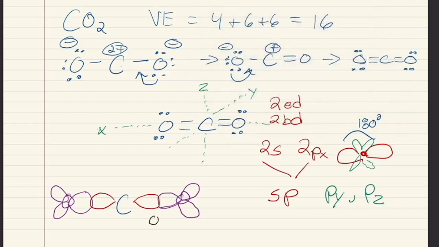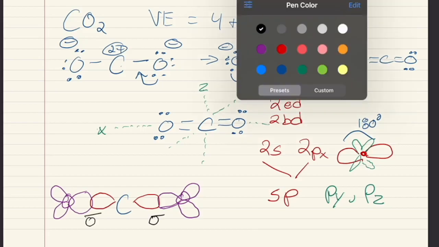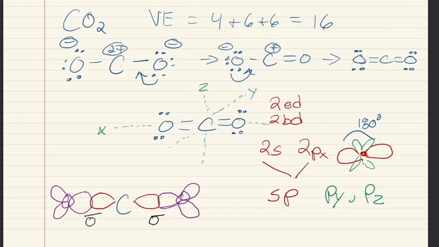However, we're not done. This is the sigma bond. We're not done because of the leftover p orbitals that I spoke about for carbon, and again, these would be in the page and out of the page. Those leftover p orbitals also exist for the oxygen.